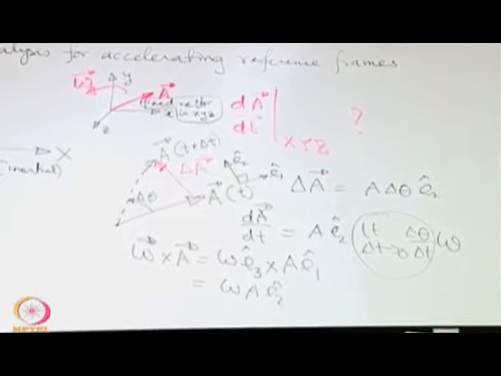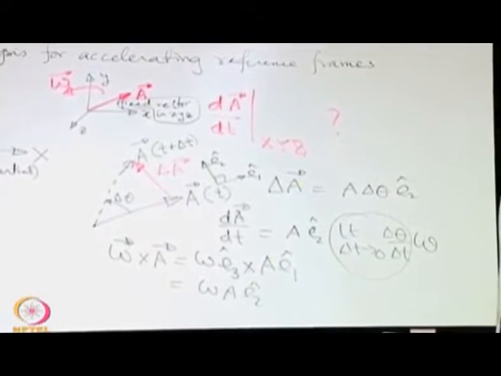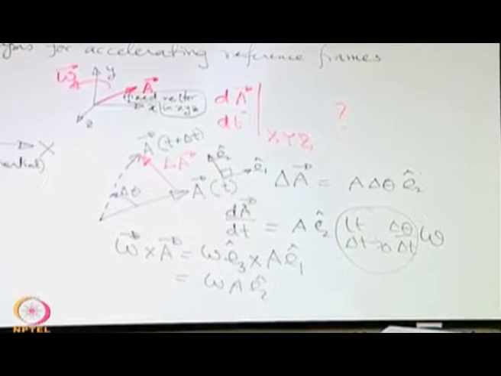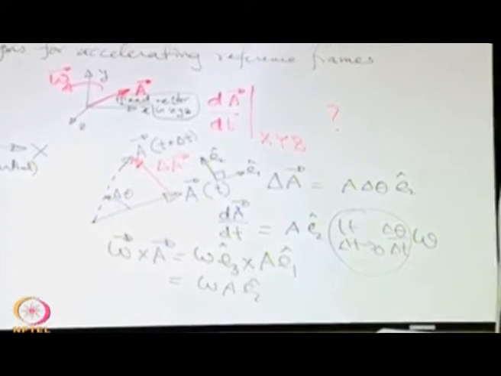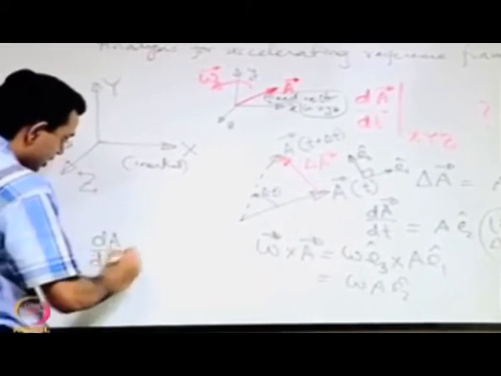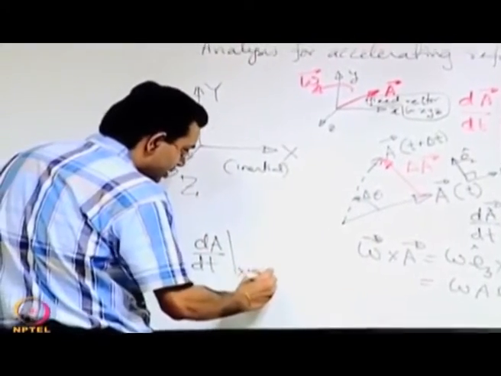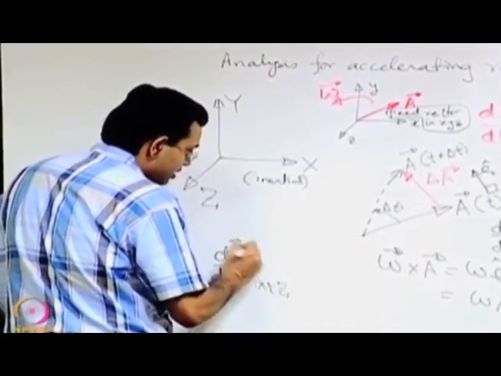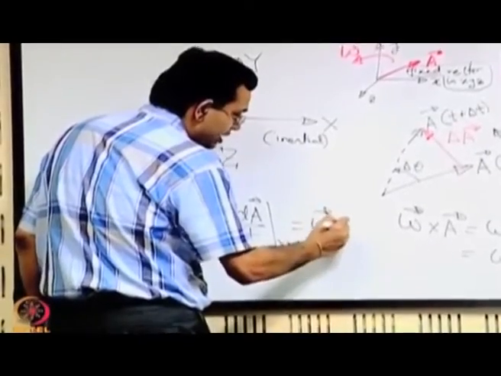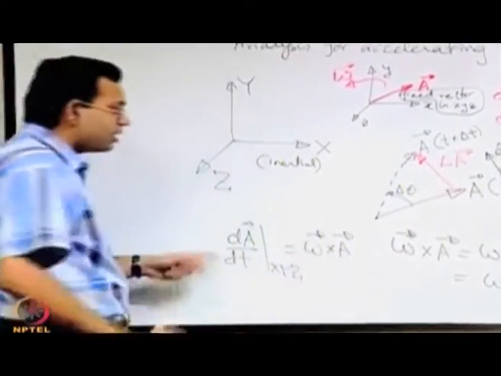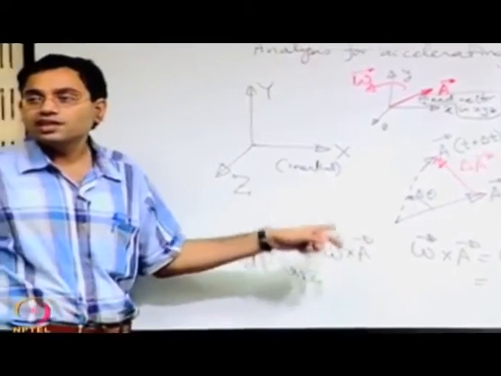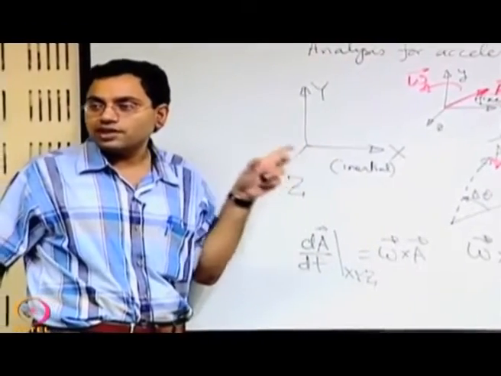E1, E2, E3 form an orthogonal basis just like i, j, k. So, you can write that dA dt in capital X Y Z is equal to omega cross A, but this is only for a vector A which is fixed in the small x y z reference frame.